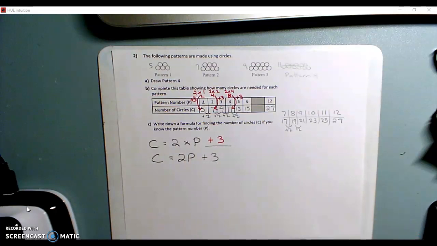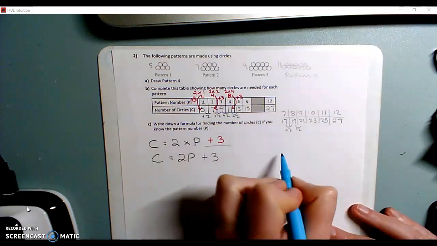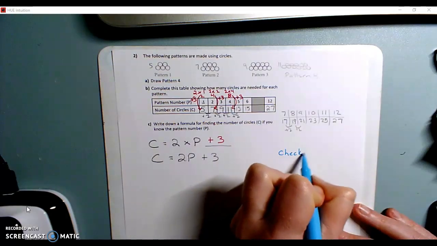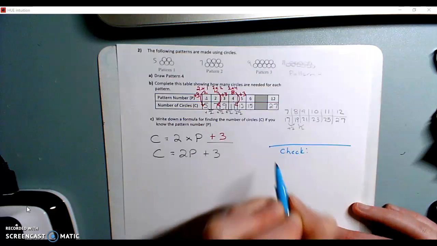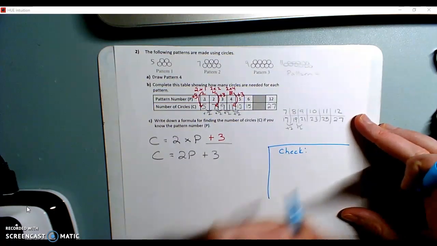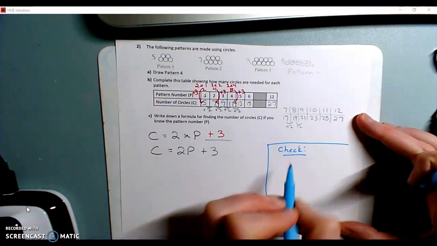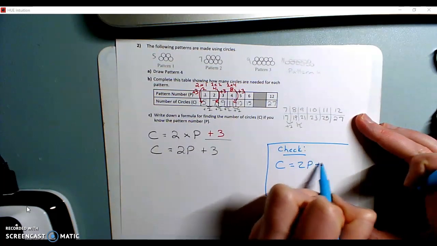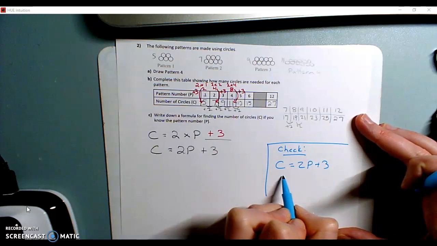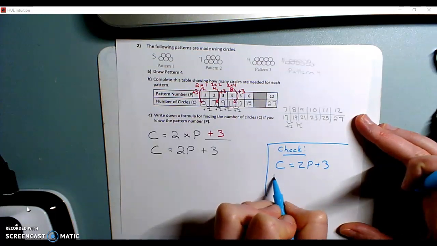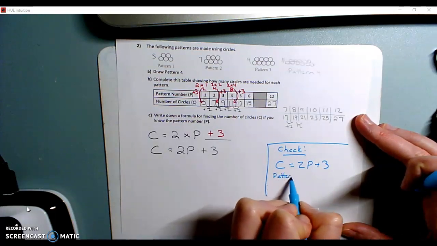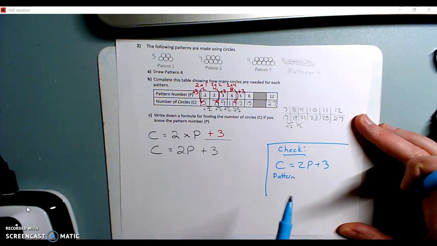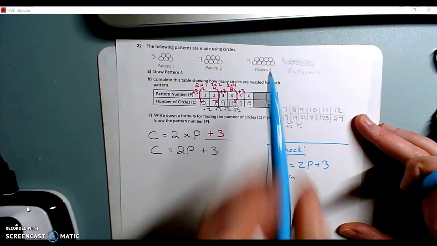That is my formula. Now I can always do a quick check if I want, just to make sure it's right. So just on the side, let's do a check. To get the number of circles, we go 2P plus 3. So let's do pattern 3. We know we should get 9.